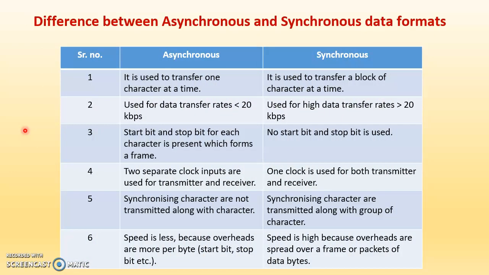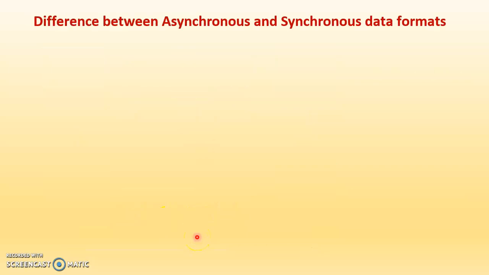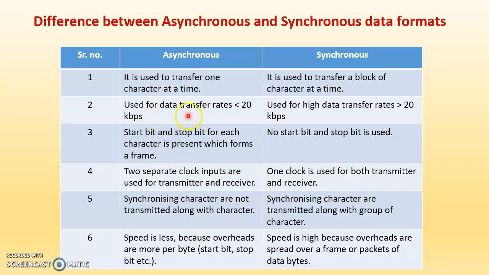So again we can see the differences I have added here. Asynchronous is used to transfer one character at a time, and synchronous is used to transfer a block of characters at a time. It is used for a data transfer rate below 20 kbps.